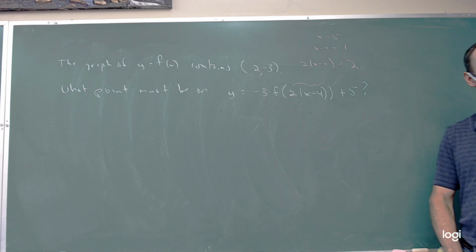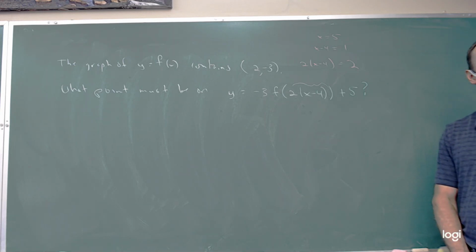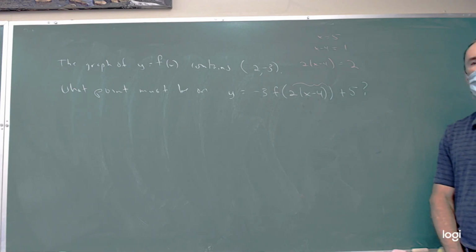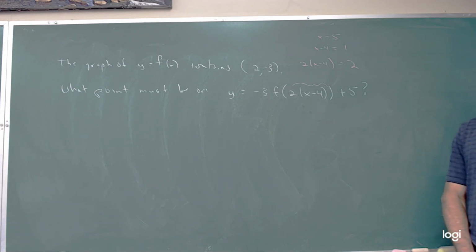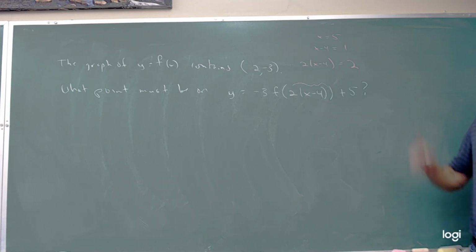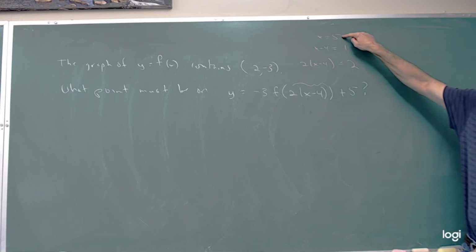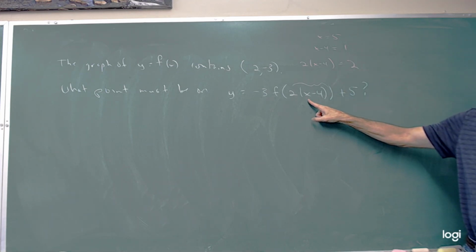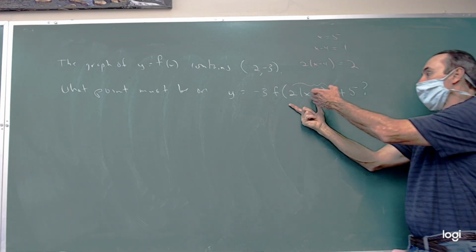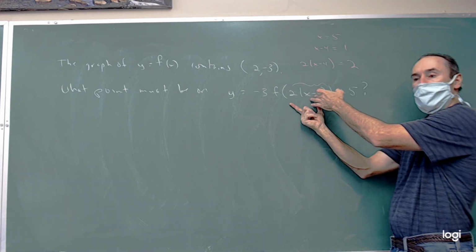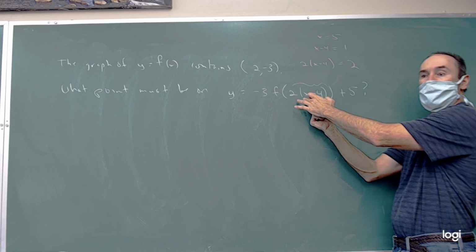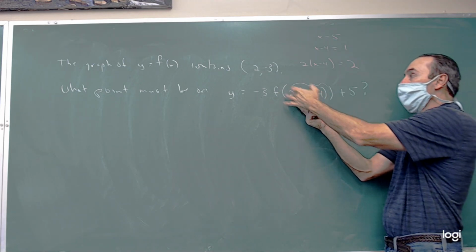Is this how you did it, Isabella? Yeah, this is what I've tried a few different ways. I think this is the one that's the most reliable for me. So now let's just see what we're saying. When we choose x to be 5, we plug it in here. Now, order of operations, we'd go 5 minus 4 is 1, times 2 is 2. Oh, that's good. We evaluate f of 2.